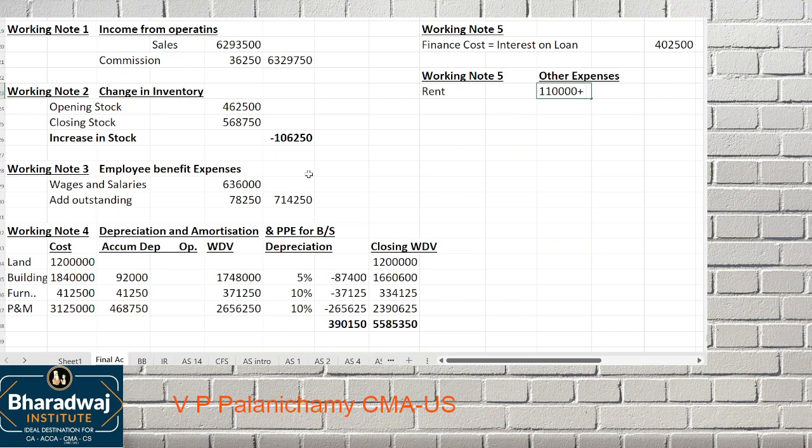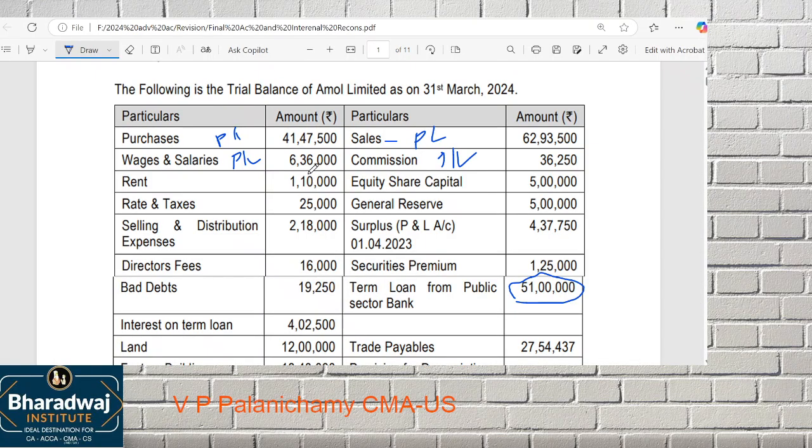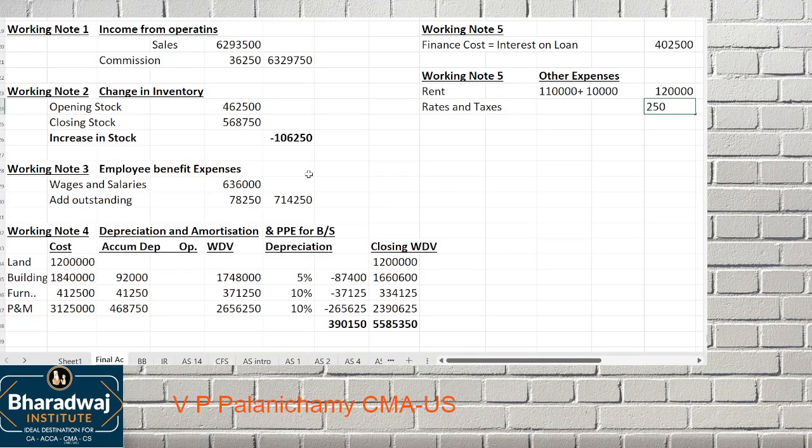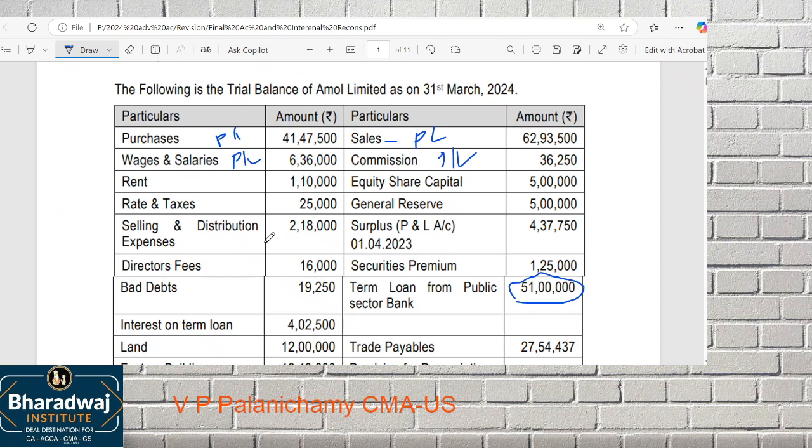What is outstanding rent given? 1,20,000 for rent. What is the next one? Rates and taxes. No adjustment is given, so you can take it as it is. 25,000. Then selling and distribution expenses, 2,18,000.